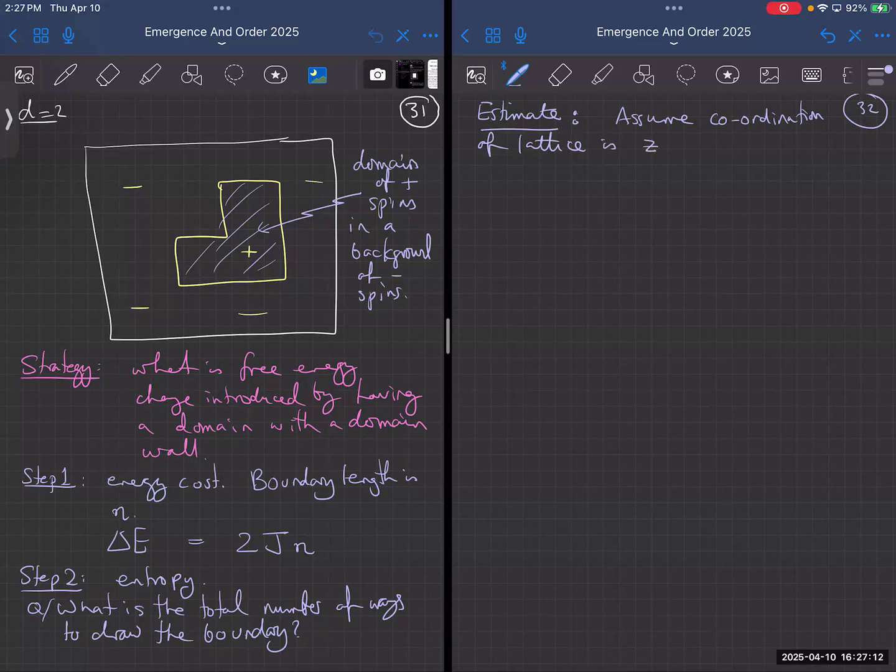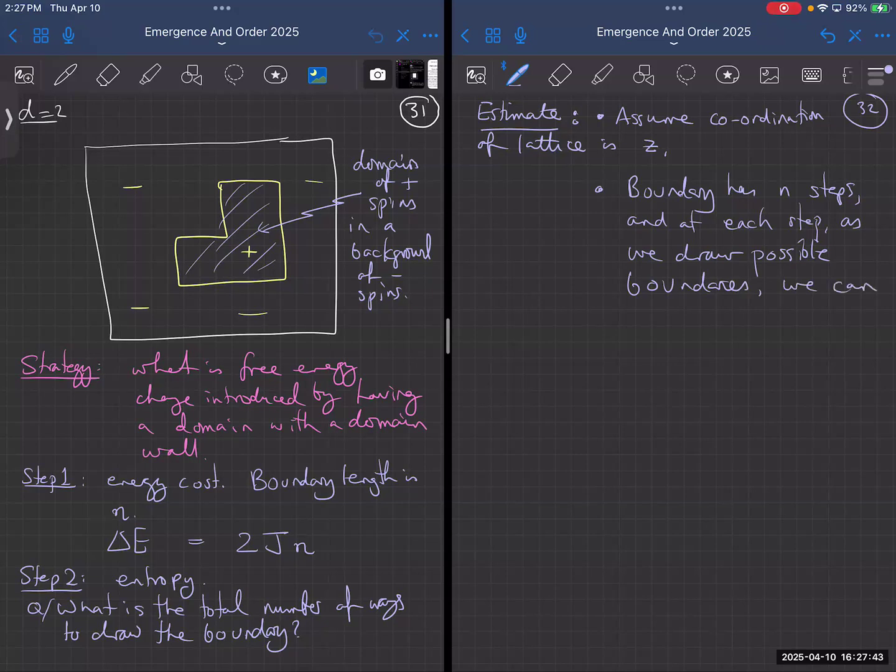Therefore, the boundary has n steps, and at each step as we draw possible boundaries, we can go in z different directions.